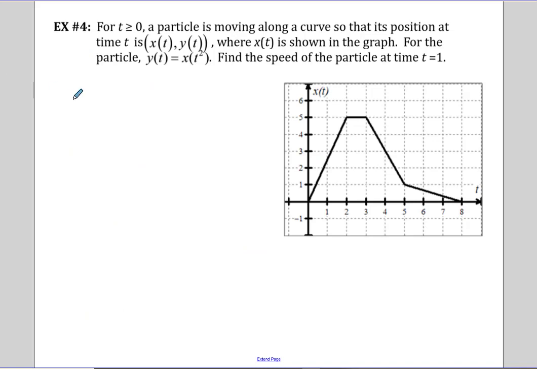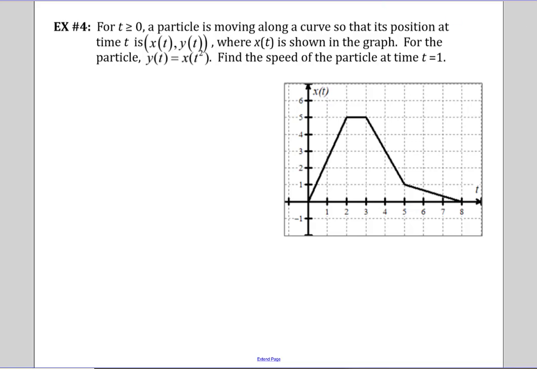Here in example 4, we're looking for positive time. A particle is moving along a curve, so its position at time t is x of t, y of t, and x of t is shown in the graph. And for the particle y of t is x of t squared, and we want to find the speed of the particle at time equals 1.